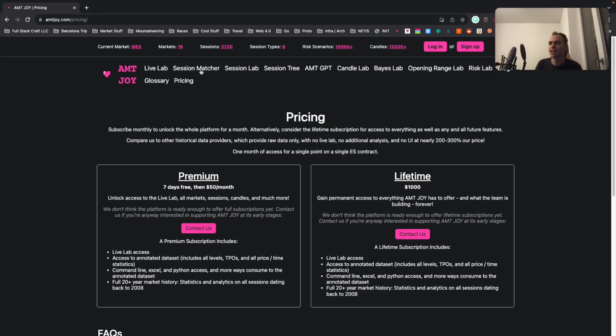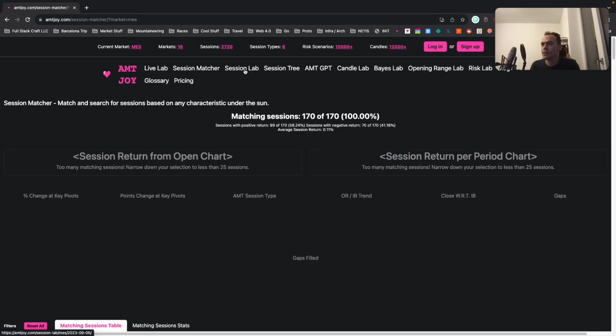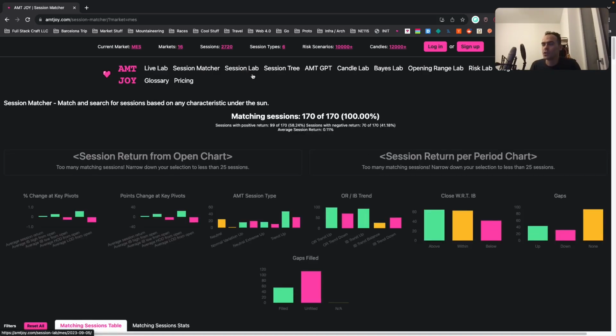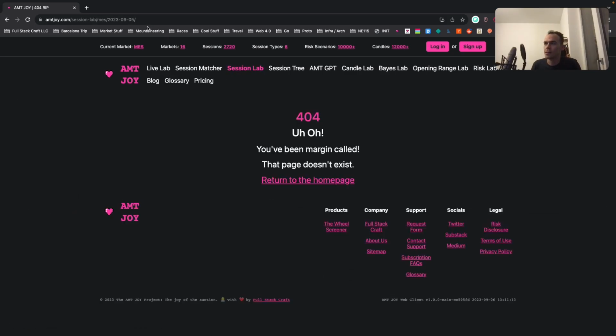If I go to the session lab here, you can define all the colors of what's on the charts. So the up candles, the down candles, the neutral color, right? You can see it's the green, the pinkish, and the yellow. I'm not sure why this isn't working.